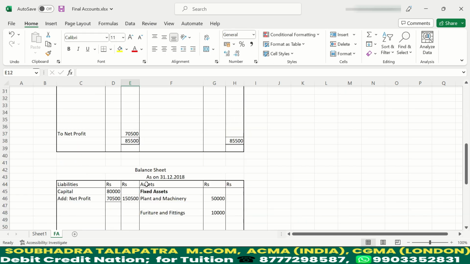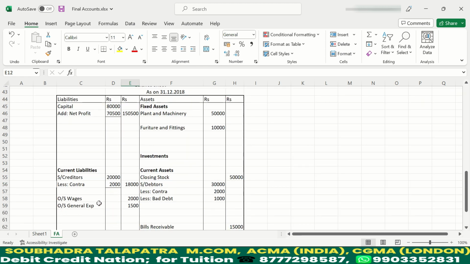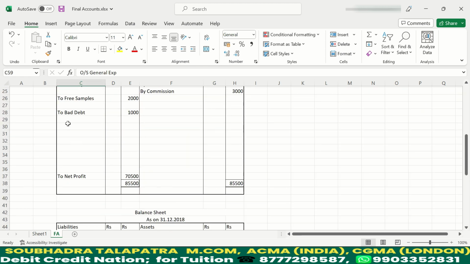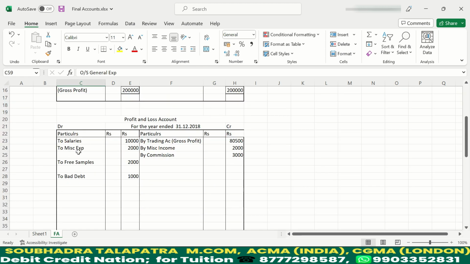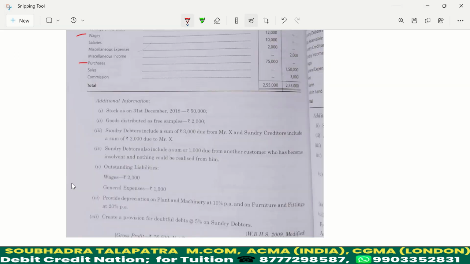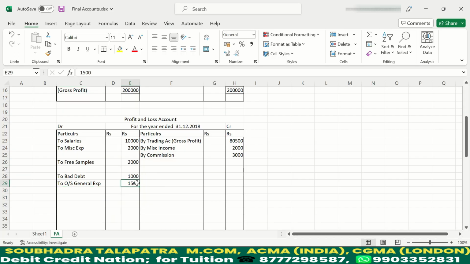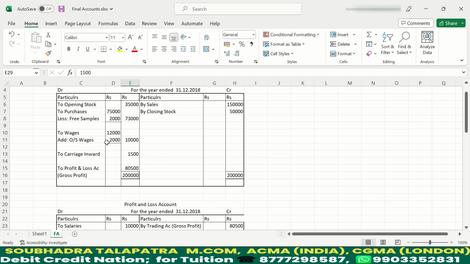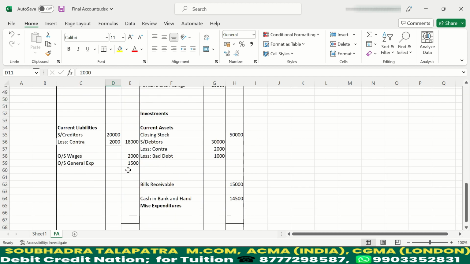And for the outstanding general expenses, since there are no general expenses, you cannot add it, so you call it separately, outstanding general expenses, 1500. 2000 here, and again 1500 here, right?